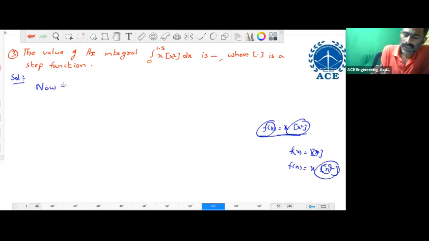Now, step of x square equal to, we start from 0 because we require the 0 onwards only, because the lower limit is 0.